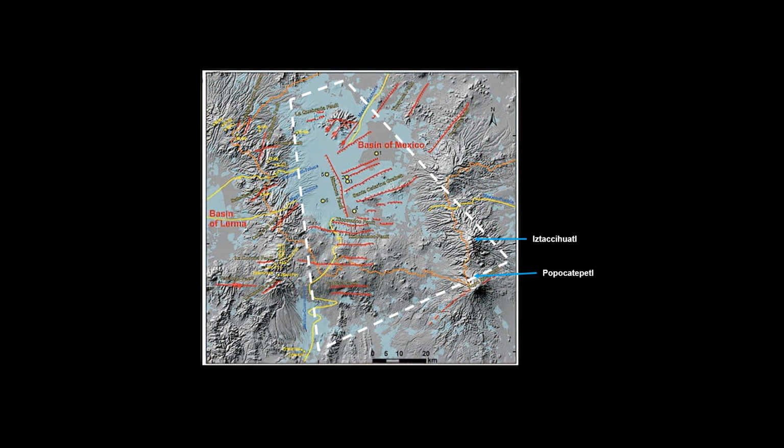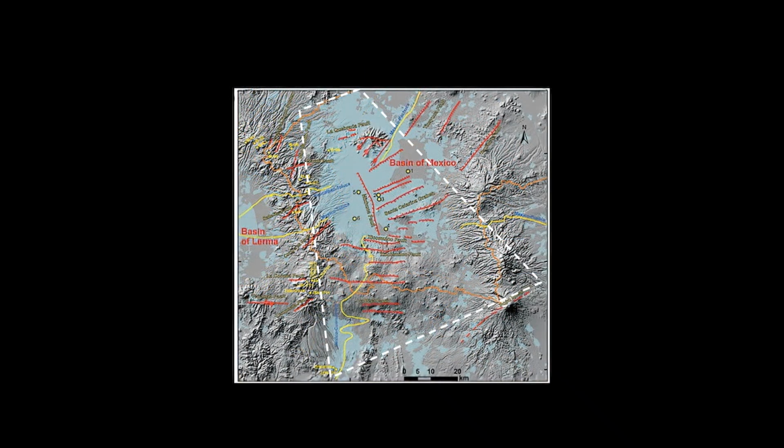Notice that this map does not call it a valley. Instead, it is a basin because it is surrounded by mountain ranges. Remember also the altitude of the valley, 7,500 feet above sea level. The number of fault lines is also notable.